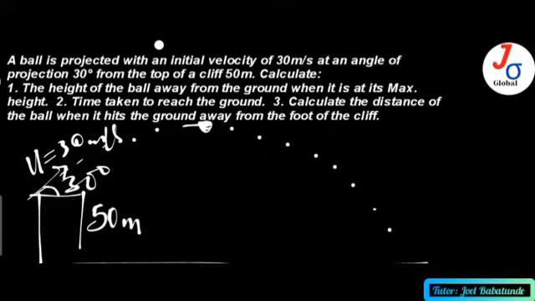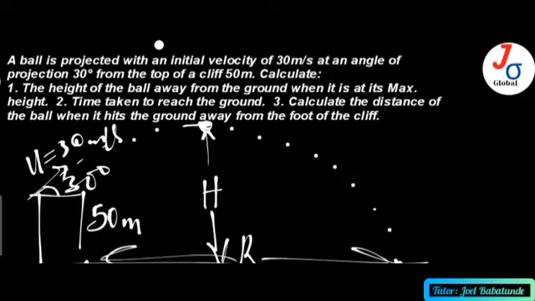Okay, good. Then let's calculate this. Then we also have to calculate the time of flight it takes to reach the ground. Then we also have to calculate the distance of the ball when it hits the ground away from the foot of the cliff. Okay, so that's R.